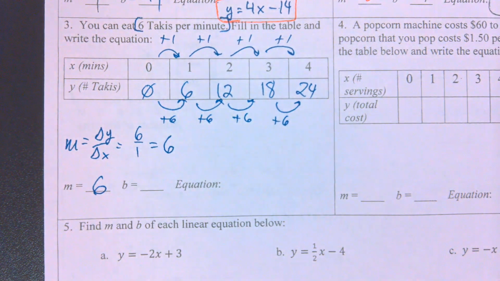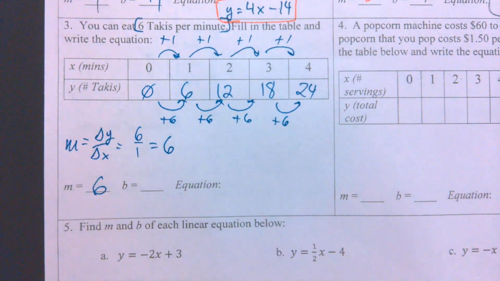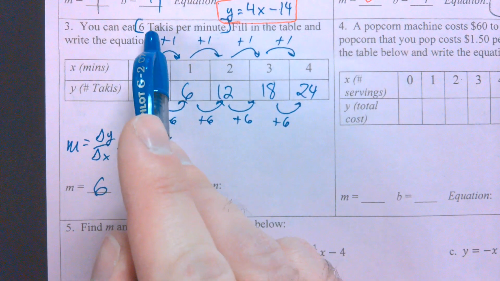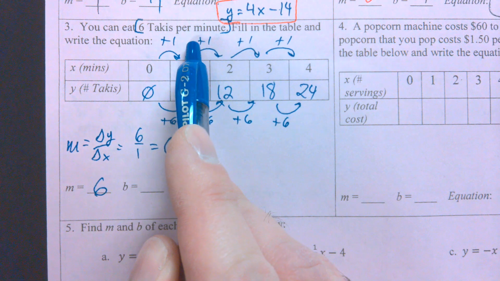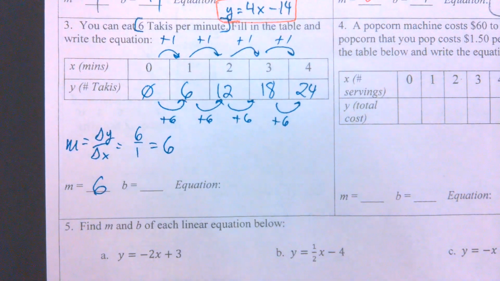And this is what we talked about last unit with that lesson about unit rate, right? Unit rate is just a fancy term for slope within a certain context, this context being Taki consumption. We're eating 6 Takis per 1 minute. A unit rate means that our second quantity is always 1.